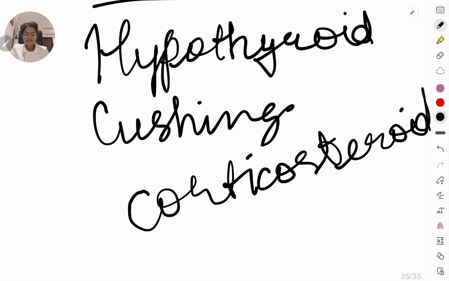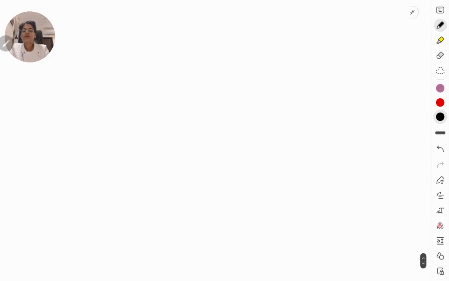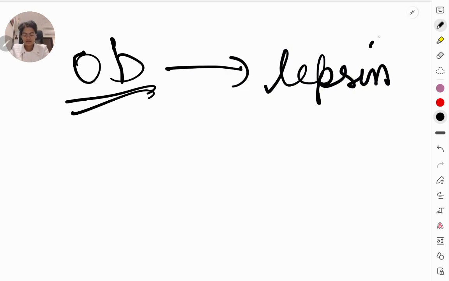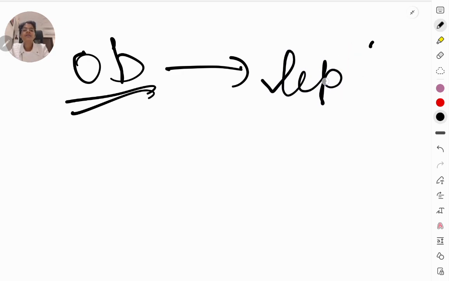Now let's see what is the genetic relation of obesity and leptin. Genetically, obesity has a gene called OB gene present in the white adipose tissue, which releases leptin, and it is associated with obesity.